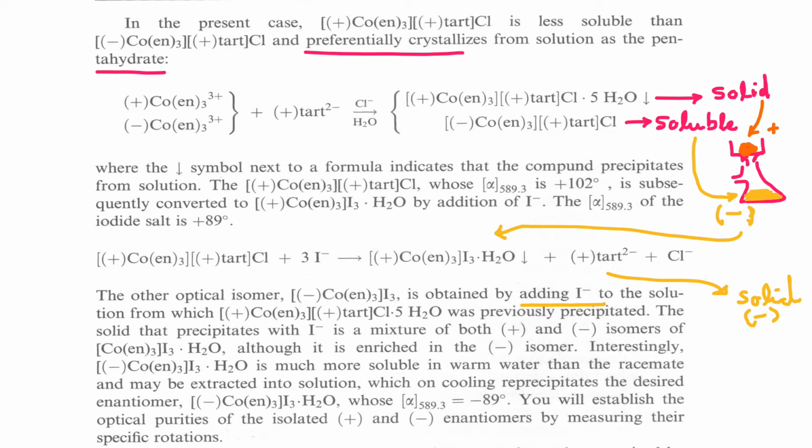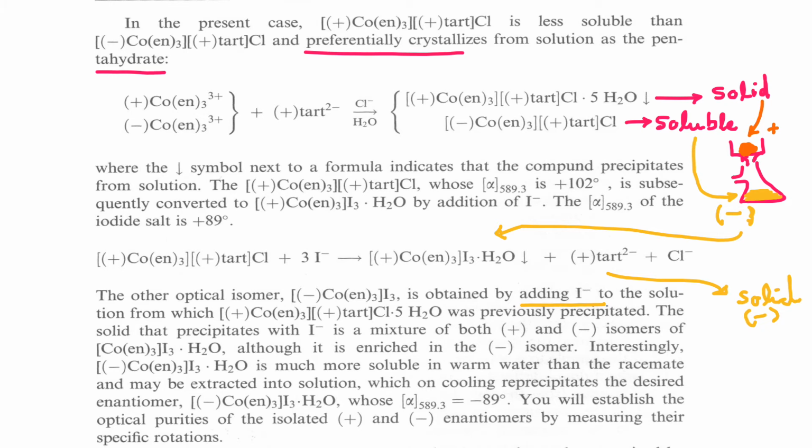This slide shows the reaction between the plus tartrate, which carries a negative charge, and we use it as a counter ion, with the complex we prepared, which is the plus tris cobalt ethylene diamine and the minus isomer cobalt ethylene diamine mixed together.